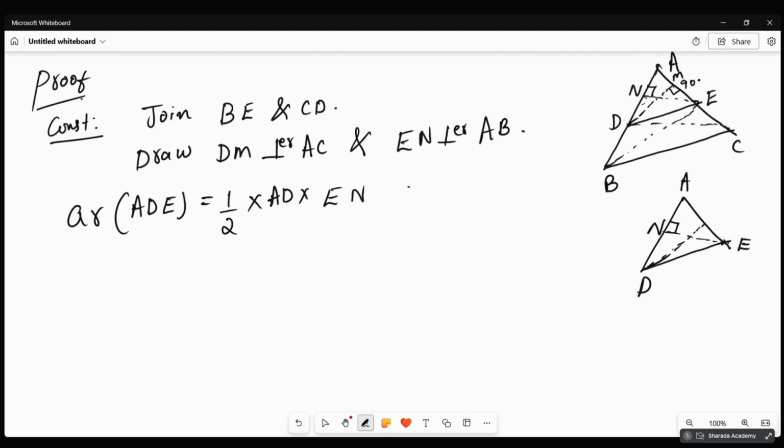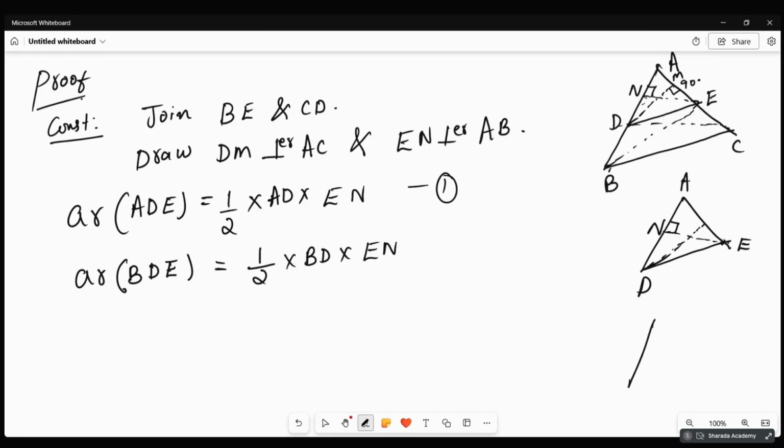This I'll take as equation 1. Second, the area of BDE is half into BD into EN.